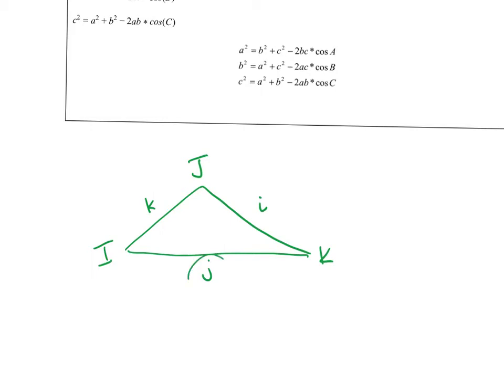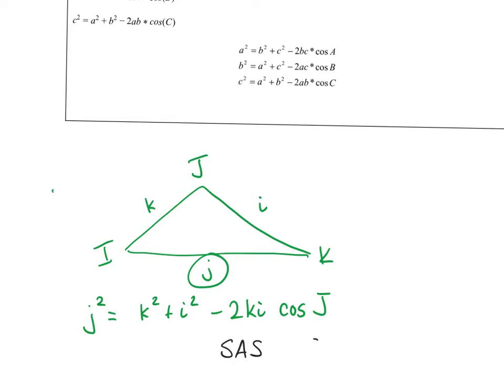If I wanted to find j, then j squared equals the other two sides squared, so k squared plus i squared, minus 2ki, because it's the same two sides, cosine of angle J. This is a quick way to remember how the law of cosines works, but it only works if you have side angle side or side side side.